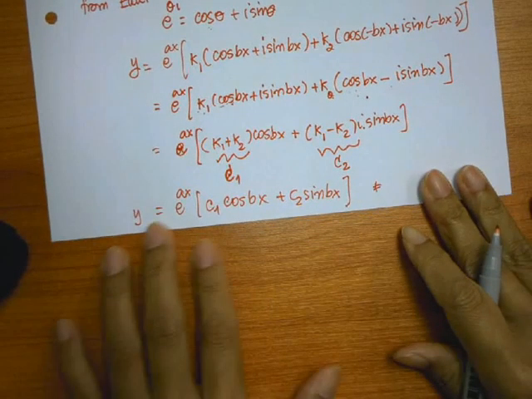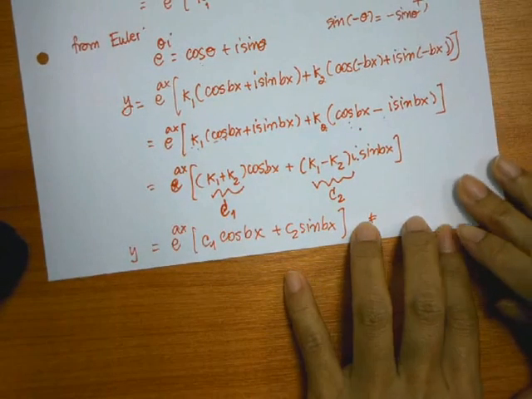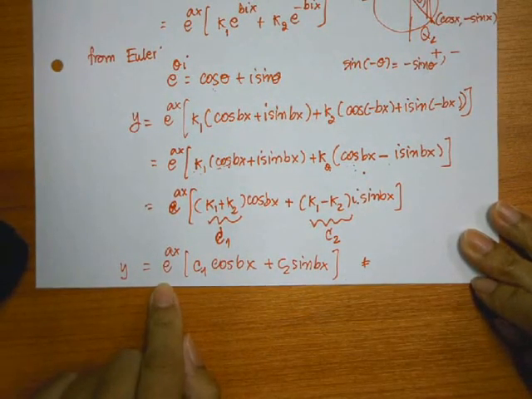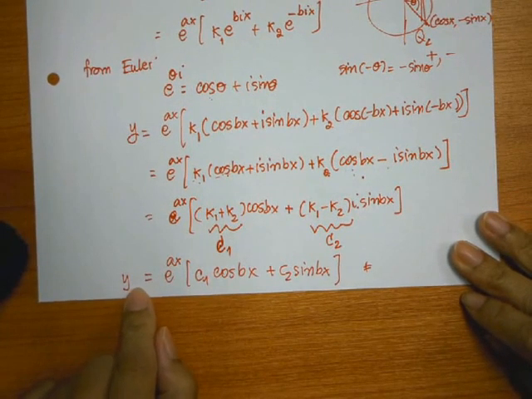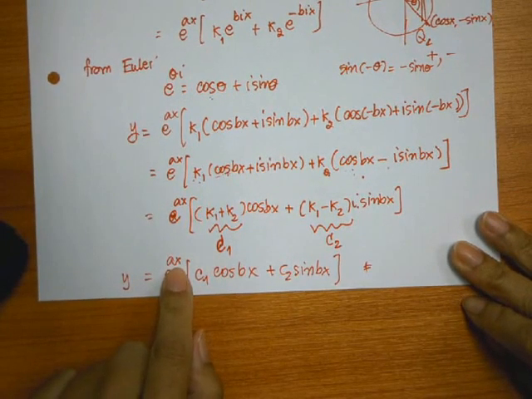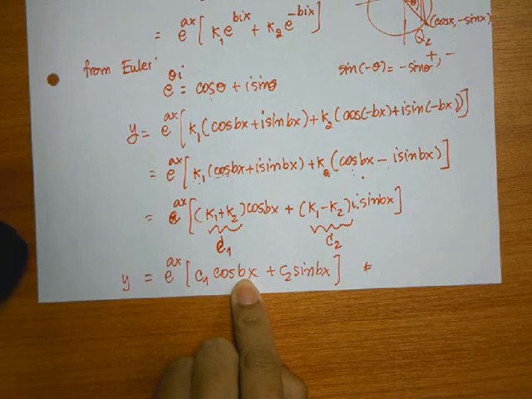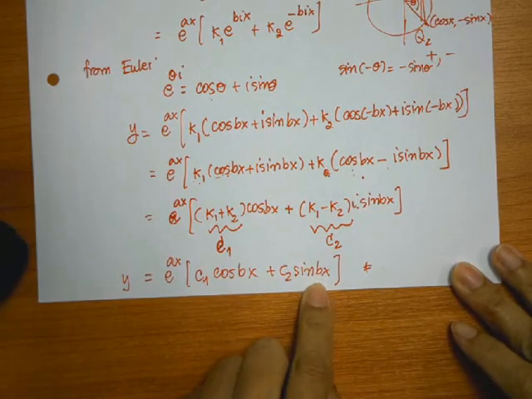So if you have complex roots and they are unrepeated roots, then the final answer you can write is y is equal to exponential of ax, where a is the real part of the complex number, times c1 cos bx, where b is the imaginary part of the complex number, plus c2 sin bx.